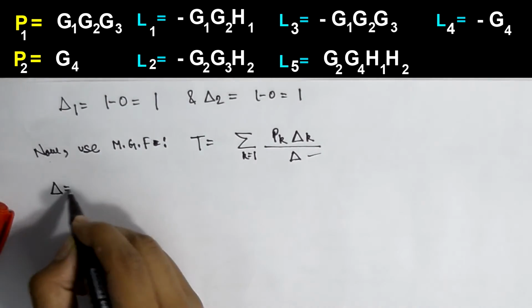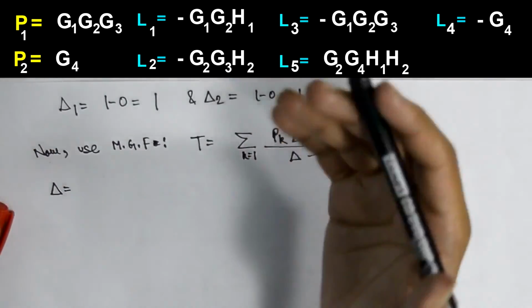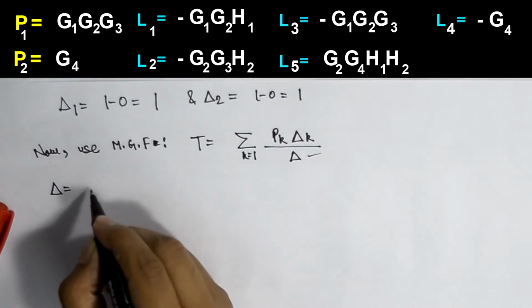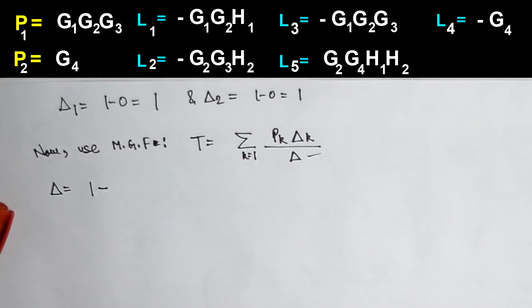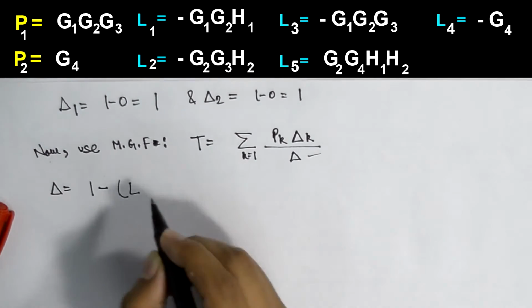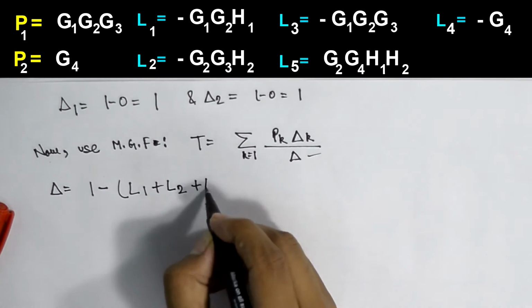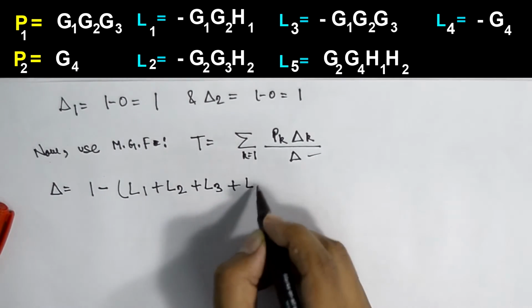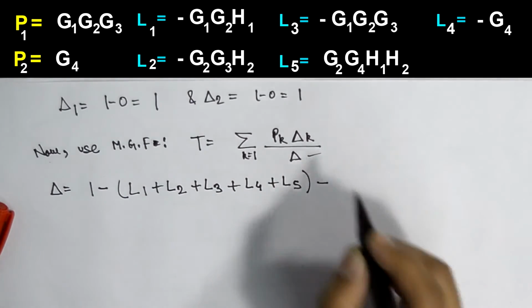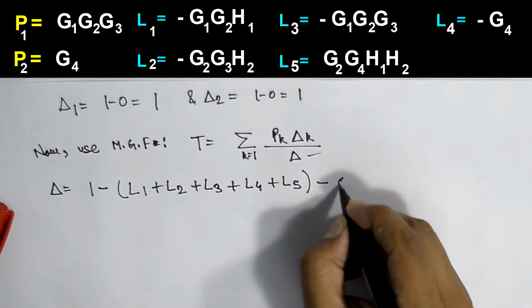Delta equals 1 minus the sum of individual loop gains plus the sum of gain products of all possible combinations of two non-touching loops. Delta equals 1 minus L1 plus L2 plus L3 plus L4 plus L5. Here there are no two non-touching loops, so we will consider this as 0.